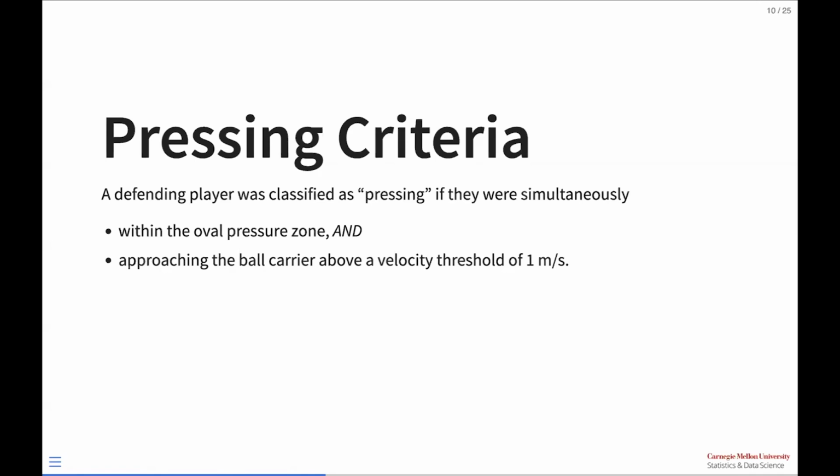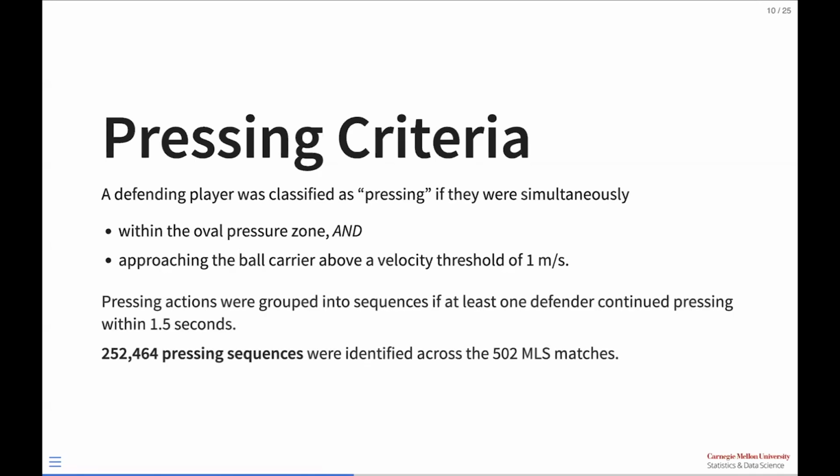After finding the individual pressing actions, we then grouped them into sequences: if at least one defender continues pressing within 1.5 seconds, those individual pressing actions are grouped into the same sequence.